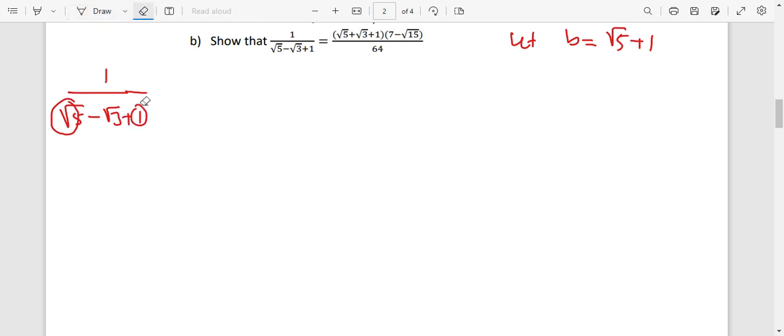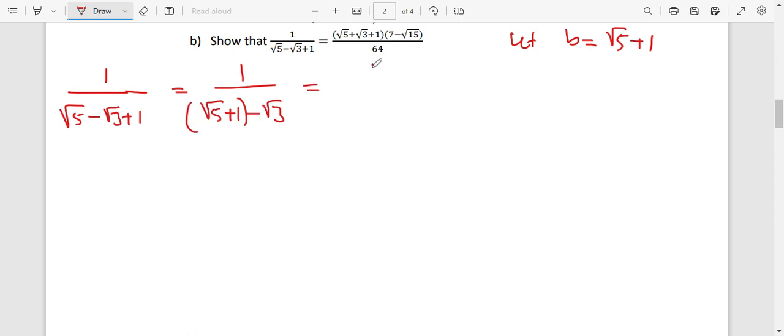I can as well write this so that you just understand the way it is. I can write this as 1 divided by root 5 plus 1, then minus the square root of 3. So where there is root 5 plus 1, I'm going to substitute b. So I'm going to have 1 divided by b minus square root of 3.